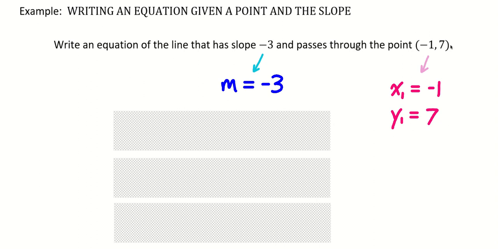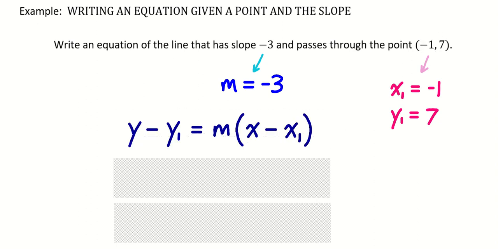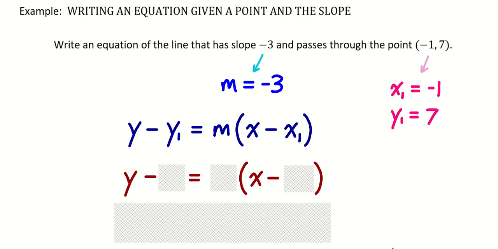Remember, if this is a point, that means x1 is the -1 and y1 is the 7. What's an equation that we can write? Well, if we use this form, the form that takes these exact ingredients, slope and the coordinates from a point, we can have our equation in about 3 seconds.